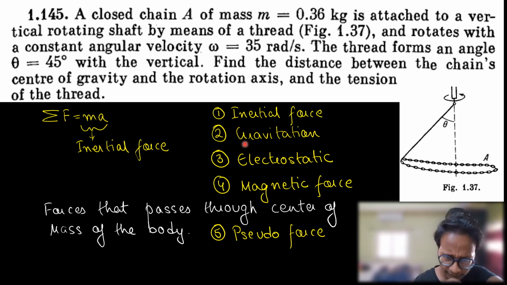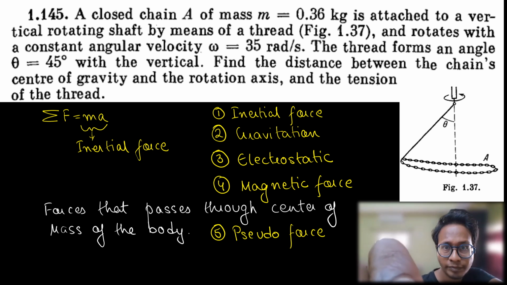Gravitation, mg, that gravitational force or G m1 m2 by r square, passes through the center of mass. That means any non-contact force passes through the center of mass. Even pseudo force, meaning this inertial force goes to the left hand side and that only becomes pseudo force, even that passes through the center of mass, and by using that concept we will solve this problem out here.